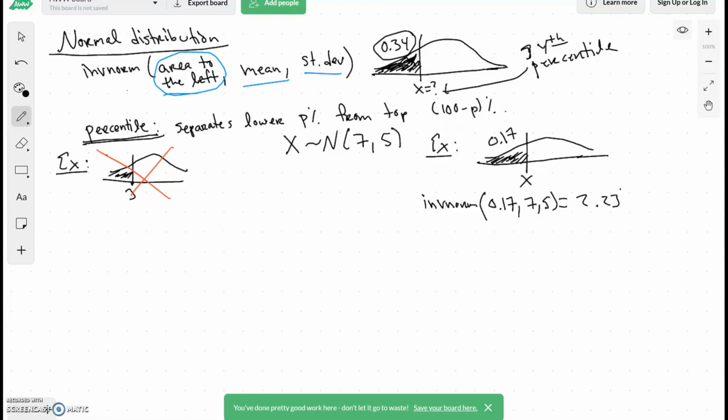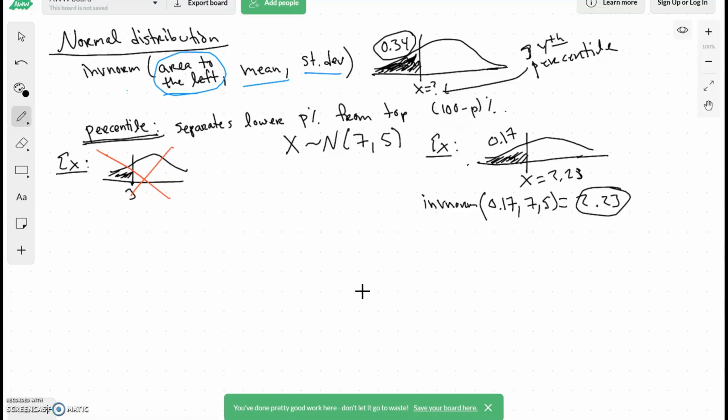What we're going to find is that this answer is approximately 2.23. Now notice, this number is not a probability. This is a value. So that means if I do normal CDF from negative infinity to 2.23, what I'm going to get is 0.17.